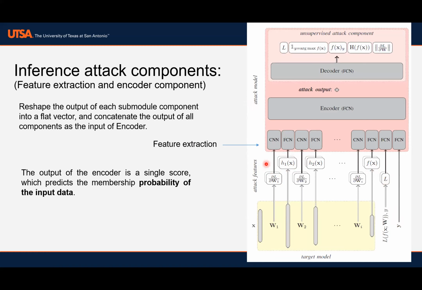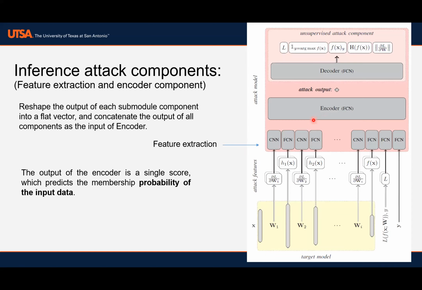In this paper, they analyze each component separately. The output of the feature extraction would reshape each submodel component into a flat vector and feed it into the encoder component.